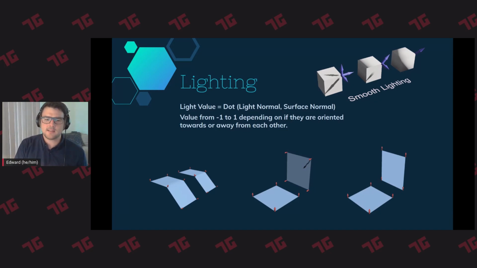At its simplest level, doing lighting is a dot product of your light direction against your surface direction. It ranges in value from -1 to 1, depending on whether your two vectors are pointing in the same direction or in opposite directions.